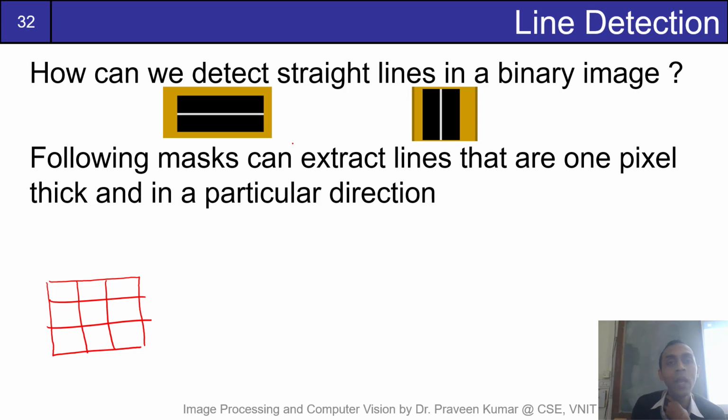So here, assuming black is 0 and white is 1, what value should we give here? 0 0 0 for horizontal, 1 1 1, 0 0 0. Is it right? Will it work? Will it detect a straight line of 1 pixel thickness in an image? Will it give the strongest response?